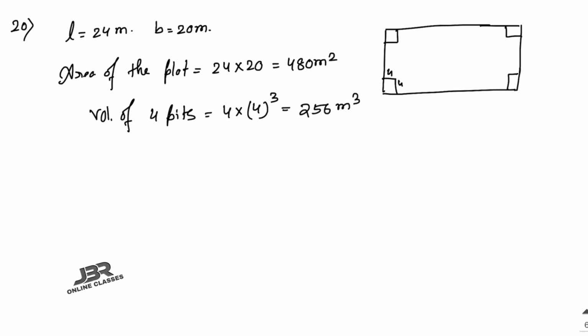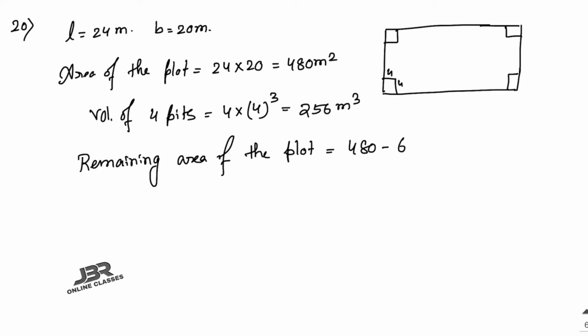Now the area of the 4 pits is 16 into 4, so write down the remaining area of the plot, which equals 480 minus 64, as 4 into 4 is 16, and 4 pits means 4 into 16, which equals 64. So it's 416 meter square.